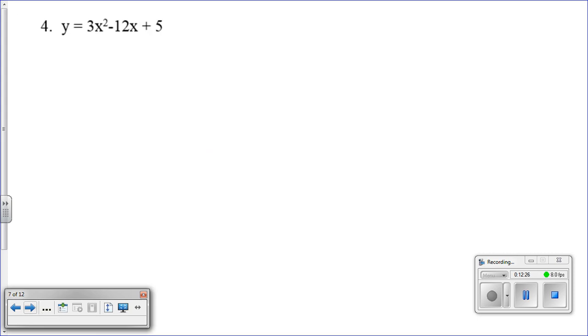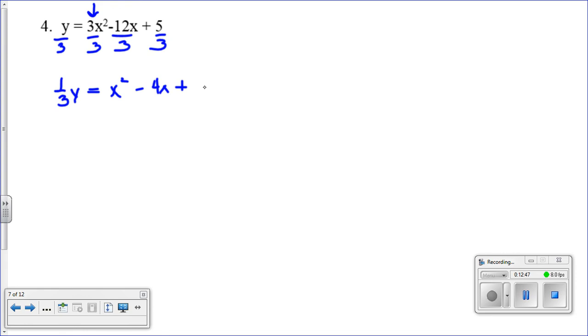Okay, let's try another one here. This one looks kind of ugly. The reason that it's ugly is that we have a leading coefficient of 3. It has to be a positive 1. So I'm going to have to divide everything by 3. And I have to do it on both sides. So I'm going to get 1/3 y is equal to x squared minus 4x plus 5/3.